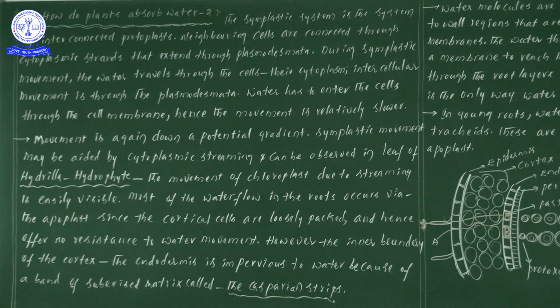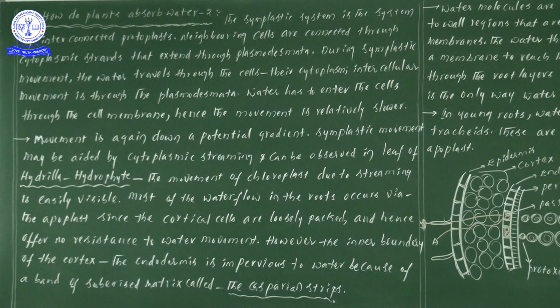Neighboring cells means that if cells are present together, one cell is a neighbor to another. When cells are connected together through cytoplasmic strands, these extend through the plasmodesmata. Plasmodesmata connections are bridge-like structures which join two cells together.